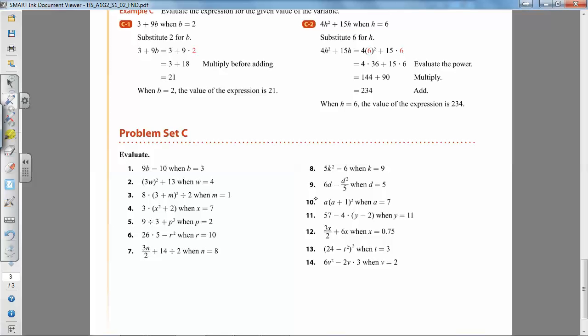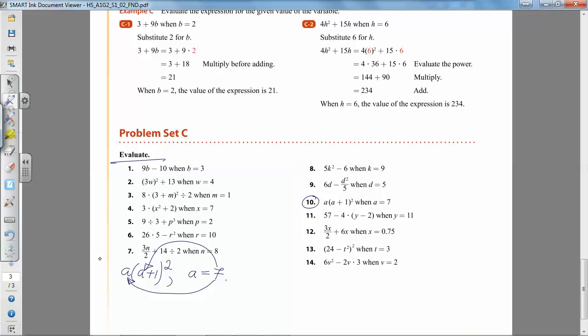How about problem number 10? The problem says evaluate the expression a times (a plus 1) everything squared when a equals 7. What do you guys remember? When you have to evaluate an expression, you will substitute the value of the variable with the given number, 7 in this case.